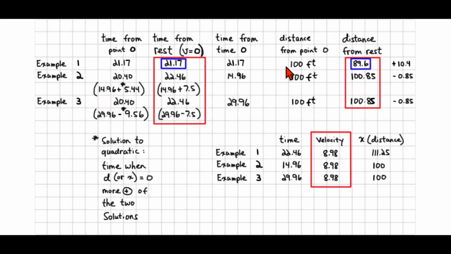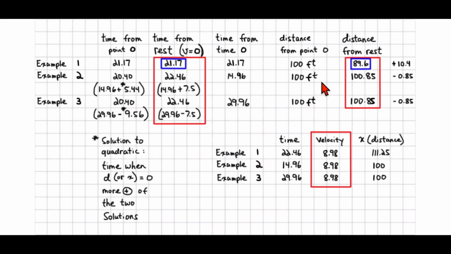So 100 feet for example 1 takes 21 and 17 hundredths seconds to get 100 feet out from point 0. Remember, that body for example 1 only travels 89 and 6/10 feet because it's moved to the right 10 and 4/10 feet before the timer starts.